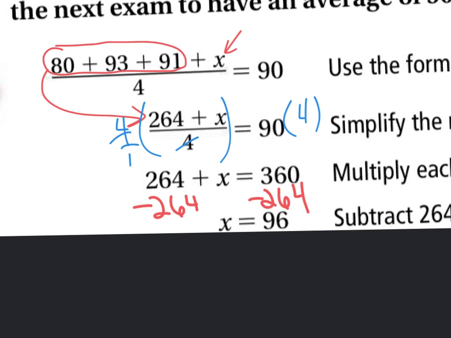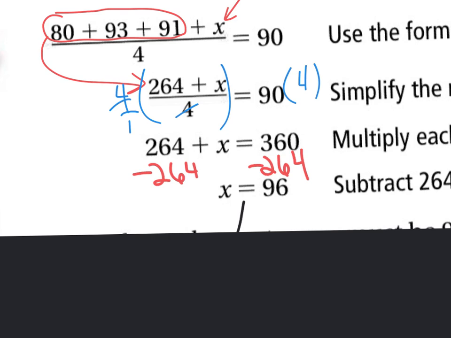And then the next thing would be they subtracted 264 on both sides. And then they got x equals 96. So 96 would be what we need to get that average of 90. Okay, so that's fine. There's nothing wrong with what they're doing here, and this might be easier for you to remember than the way I'm going to show you in a minute, long term.